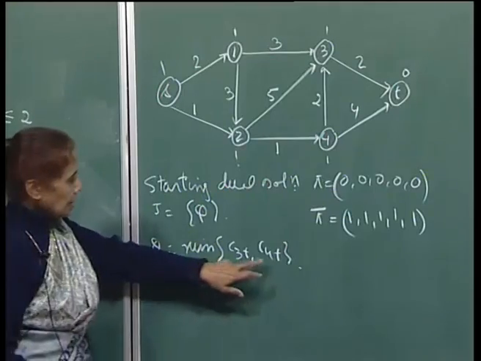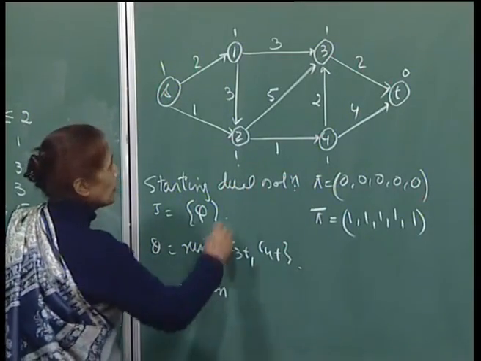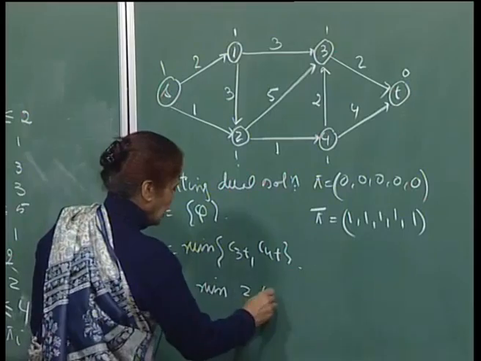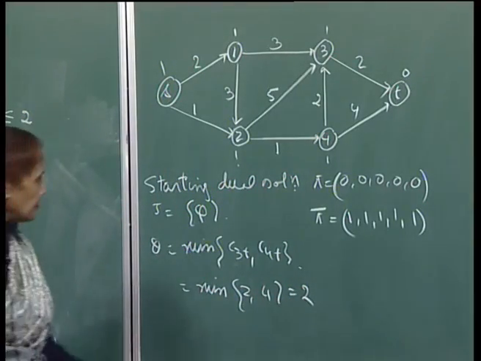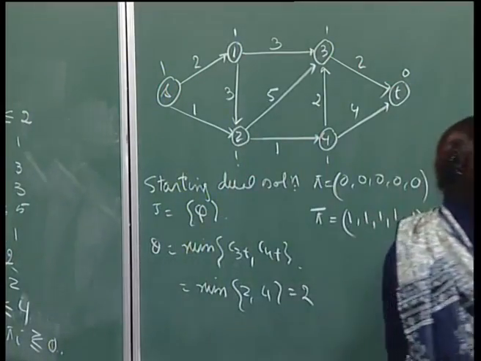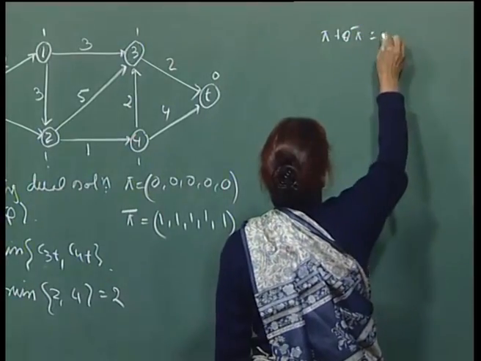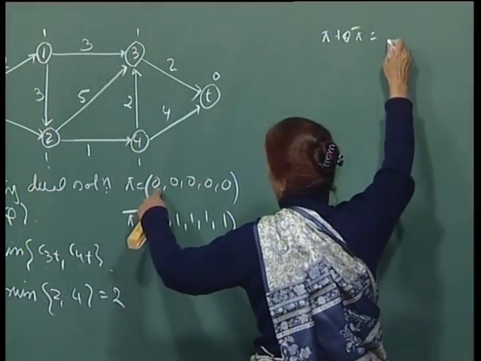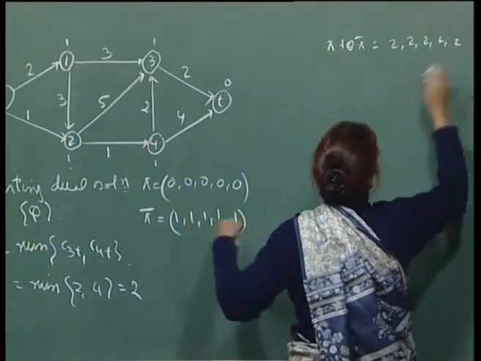C3t is 2 and C4t is 4, so the minimum is 2. So, your theta is 2, and therefore your new dual solution is pi plus theta pi bar. So, twice this you have to add here, and this becomes 2, 2, 2, 2, 2.